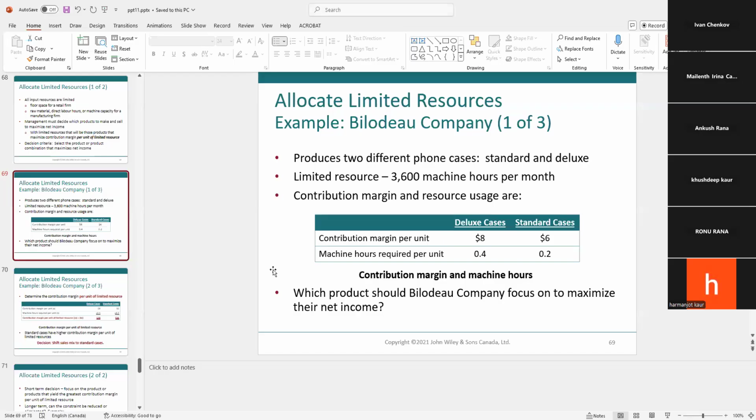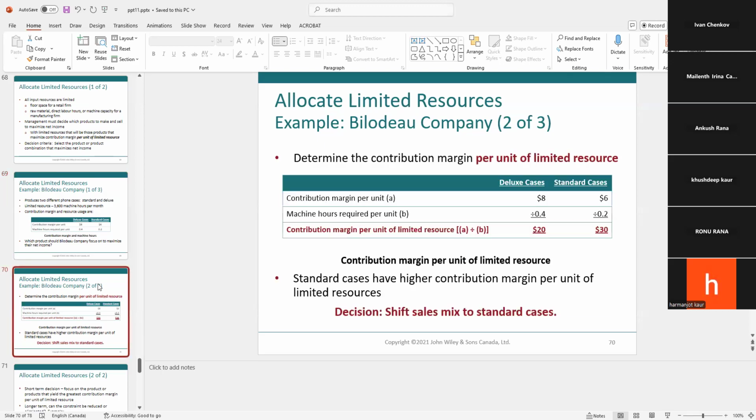So again, which product should this company focus on to maximize their net income? Obviously, on the contribution margin for the limited resource that they have, which is hours. Get the contribution margin per unit for the limited resource, and you can make the decision: start with those standard cases first.